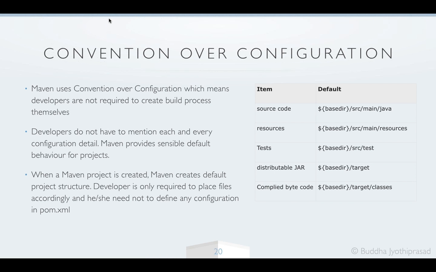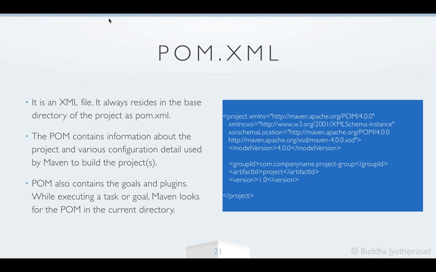Most of the things you achieve by following a specific convention that is defined by Maven. You can also achieve the same things separately, but you will have to customize Maven to do the same thing. So why go through all those hoops? Just follow what Maven asks you to follow.